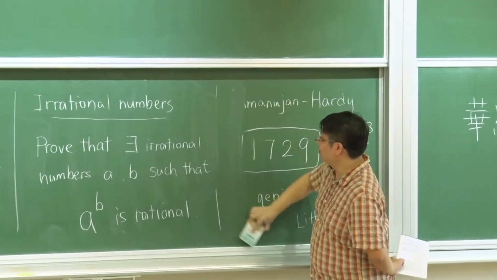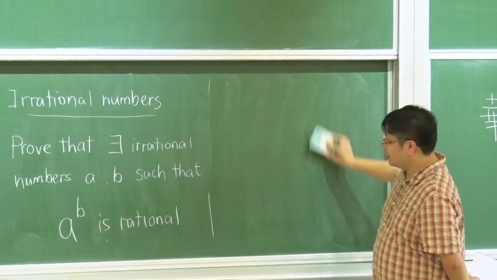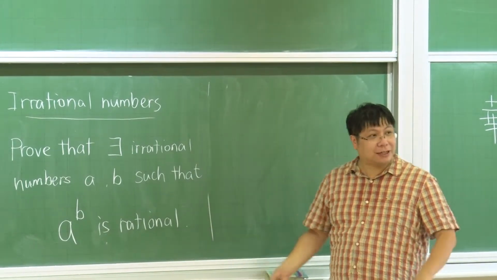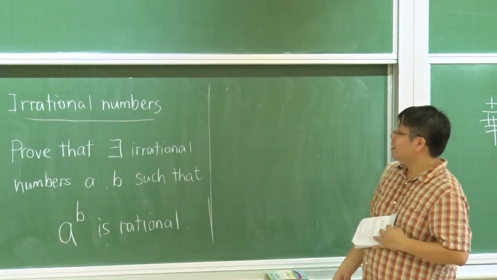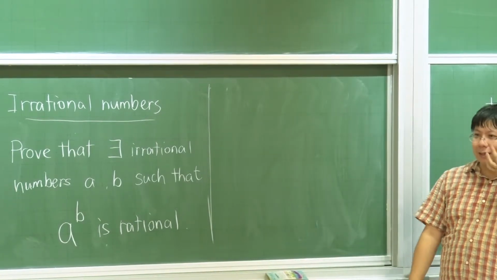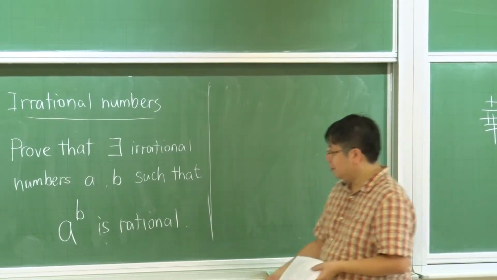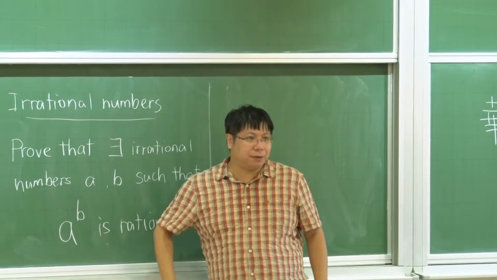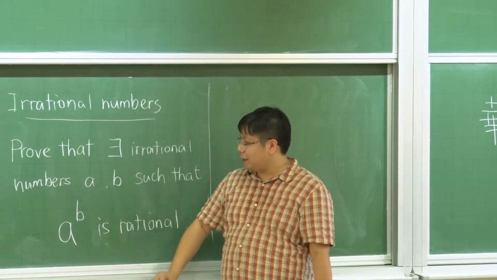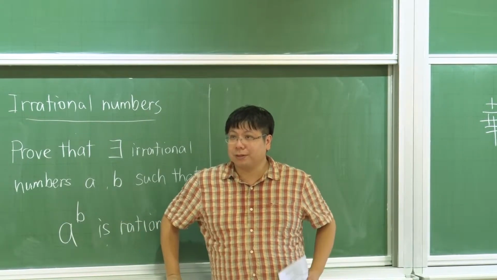How can we show this? This is a very, very interesting example. If we just need A to be irrational, is there any irrational number such that a power of it becomes rational?